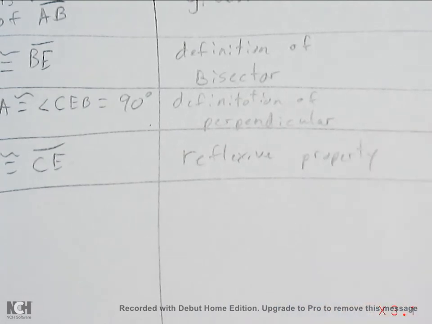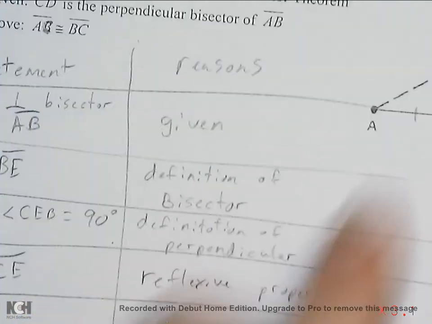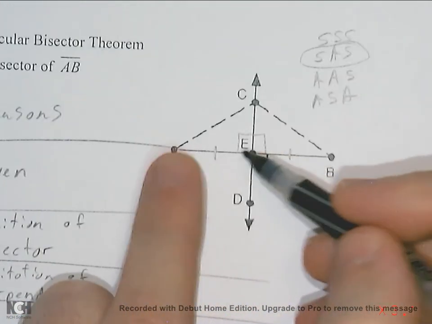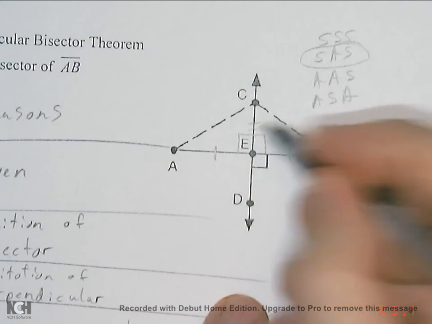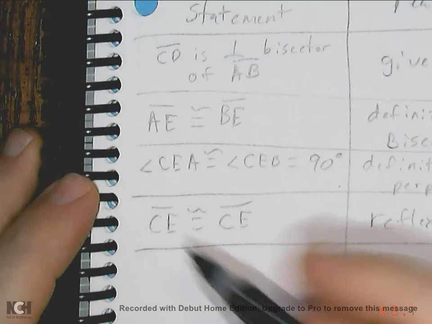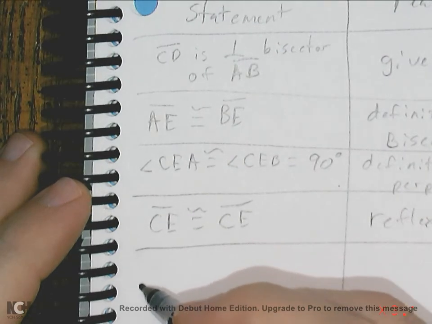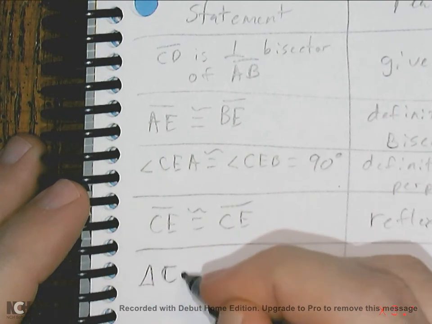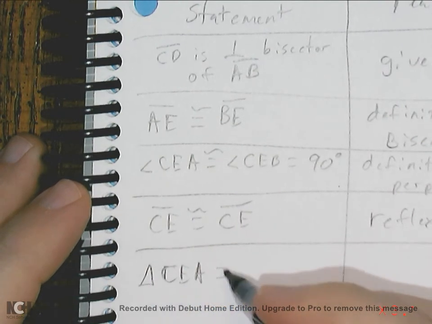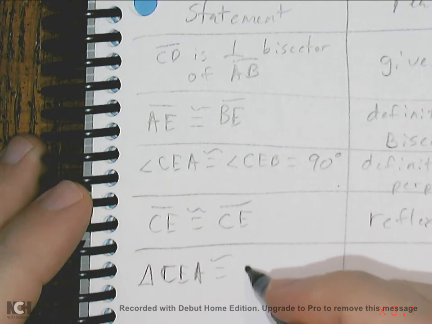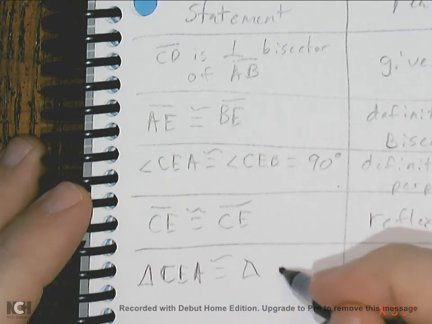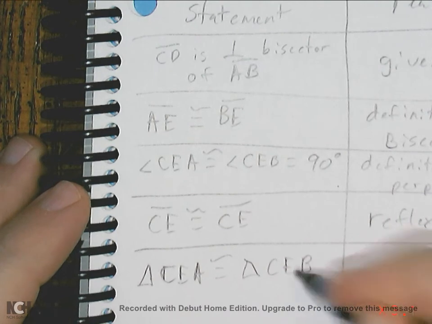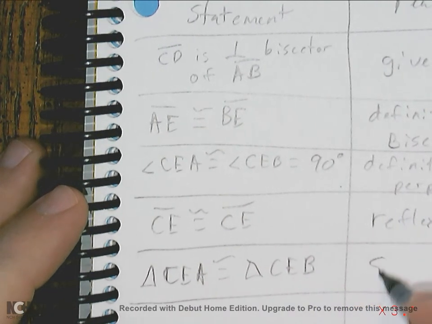Okay. Now I have just proved side, angle, side. Side, angle, side. Okay, so that means that triangle CEA is congruent to triangle CEB because of side, angle, side.